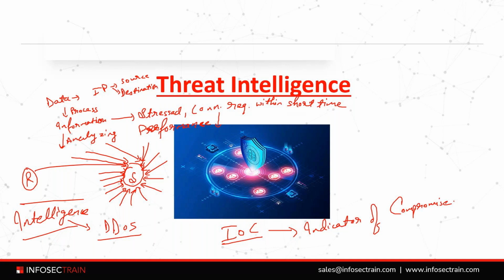If in your logs you see any IP or domain name with which your system is interacting, and this IP or domain name has already been part of any compromise or breach before, that means you are also compromised. The system is misbehaving now. These are indicators of compromise.